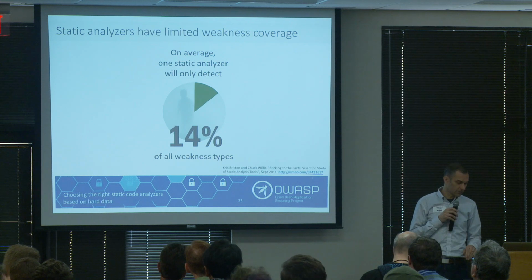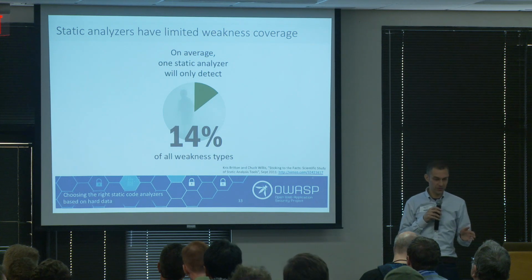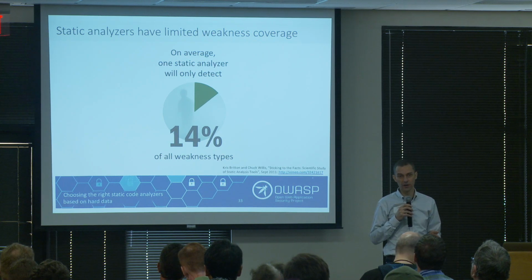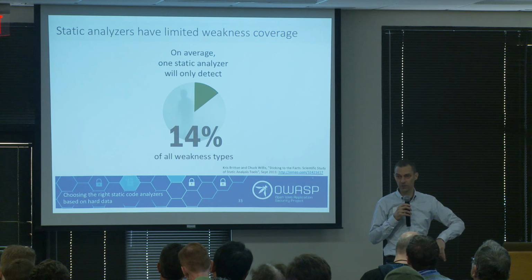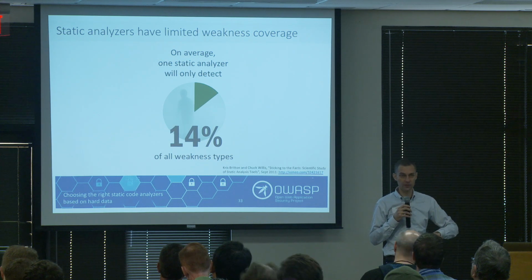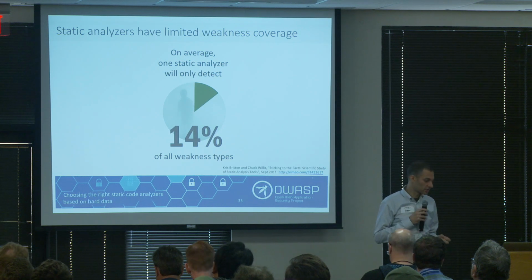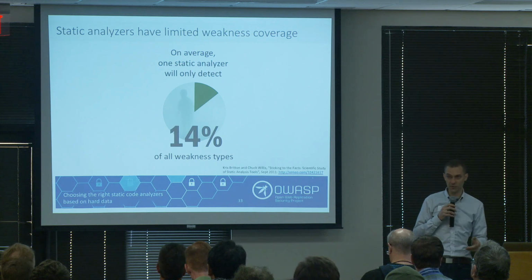We know from NSA research that any one analyzer on average is only going to find about 14% of all the types of problems that we know to check for, right? That static analyzers are capable of checking for. One of them is not going to find very many of those. So that sort of suggests you're going to need multiple analyzers.